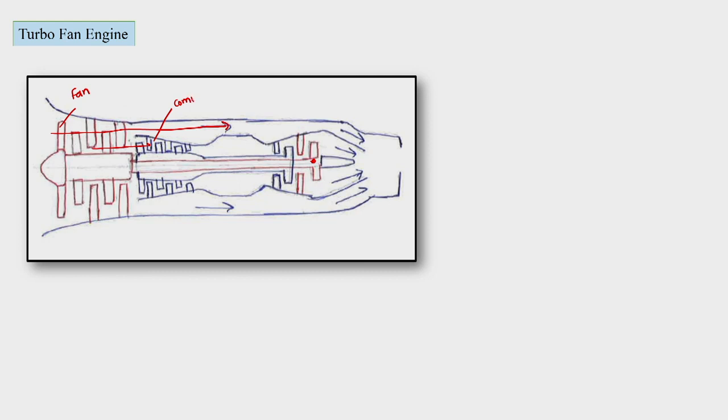So this is compressor. After the compressor it will go into the combustor, and then it will go over the turbine.